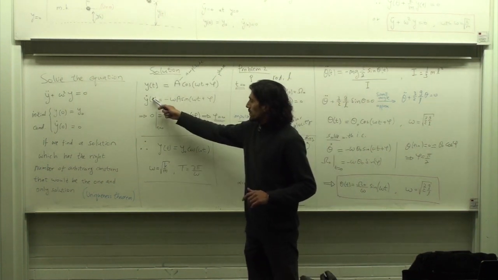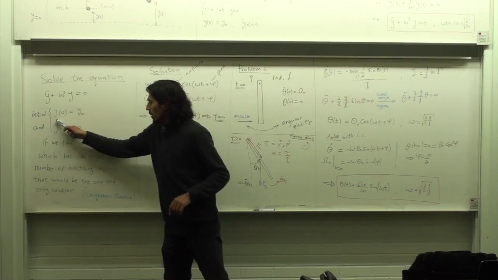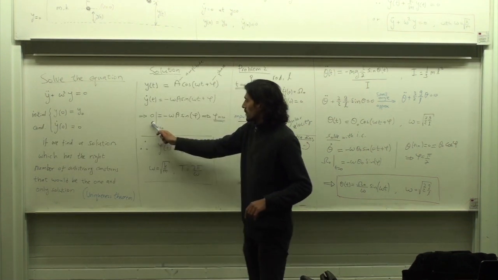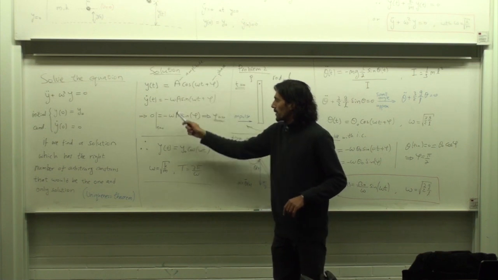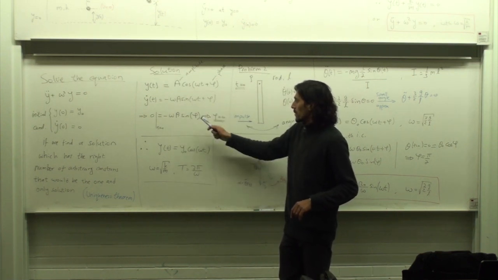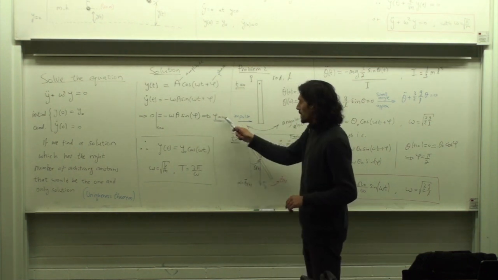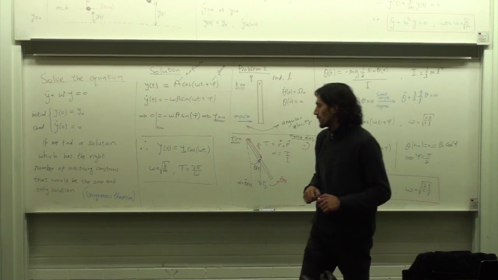Now if you substitute t equals 0, from the initial conditions we know that y dot equals 0, so this is 0 equals, and this whole thing with omega t, and t is 0 here, and this gives us phi. So we found out that phi, the phase, has to be equal to 0.